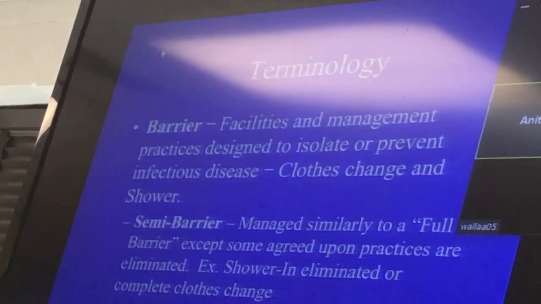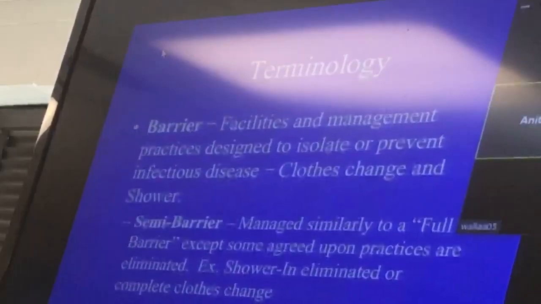No. Okay. So this concept of barrier, semi-barrier is really important.